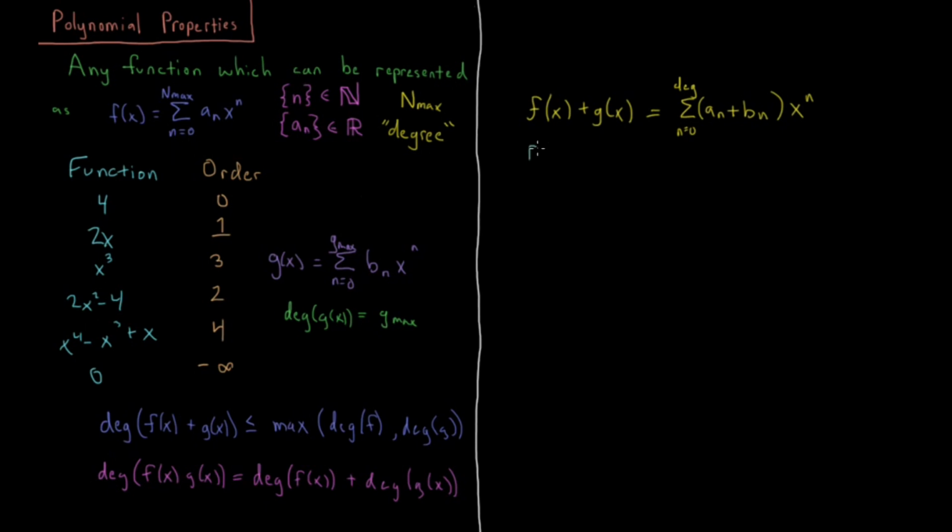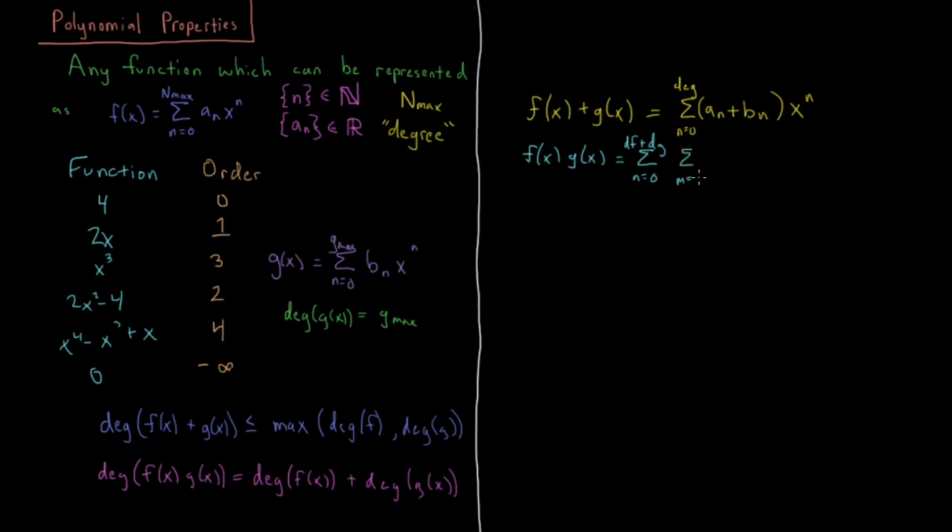And then multiplying, again, as we're taught in Algebra 1, multiplication, let me write that out. It's going to be a sum from n equals 0 to the degree of f plus the degree of g, writing that shorthand because I don't have a lot of room up there.